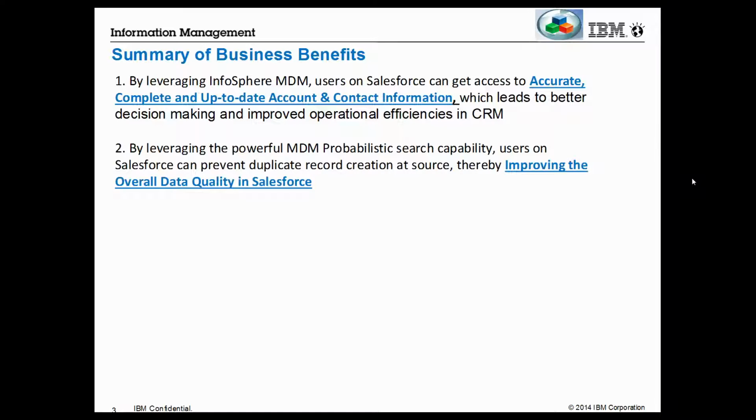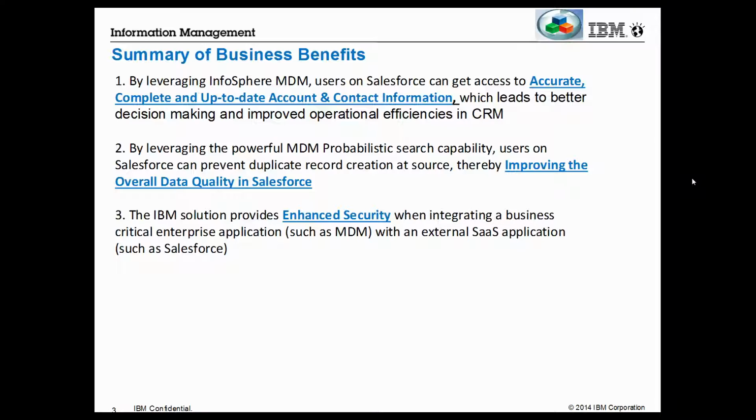By leveraging the MDM probabilistic search capability, users on Salesforce can prevent creation of duplicate records at source, thereby improving the overall data quality in Salesforce. And lastly, but not least, the IBM solution provides enhanced security when integrating a business-critical application such as MDM, which is on-premise, with an external SaaS application such as Salesforce.